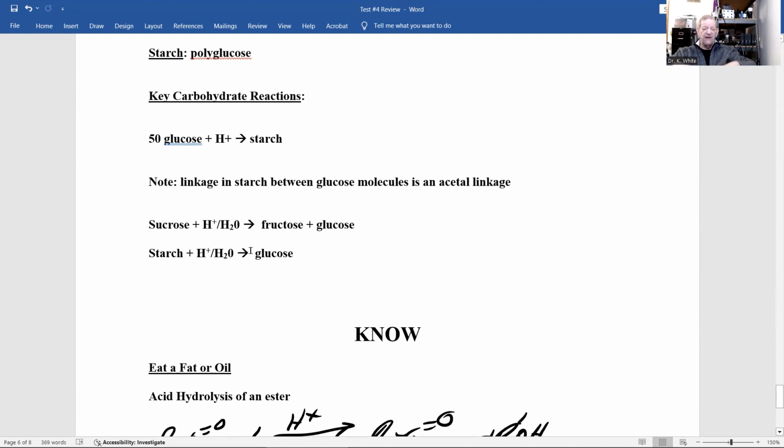So in your stomach, where there's H plus acid, hydrochloric acid, and water, by the way, I better put some more in there, sucrose breaks down to fructose and glucose, and you should know that.